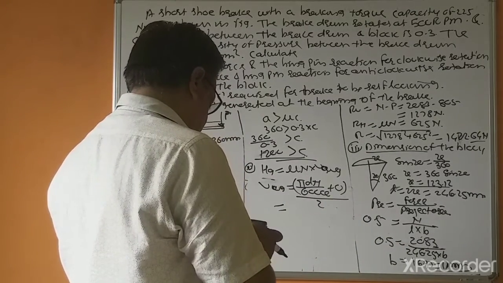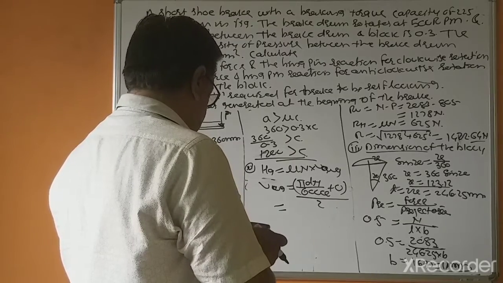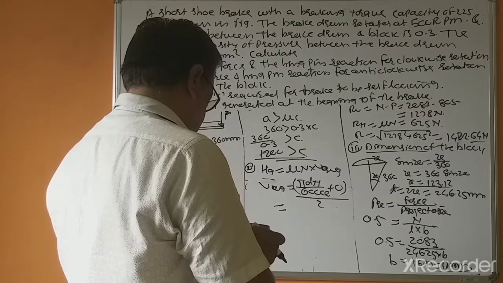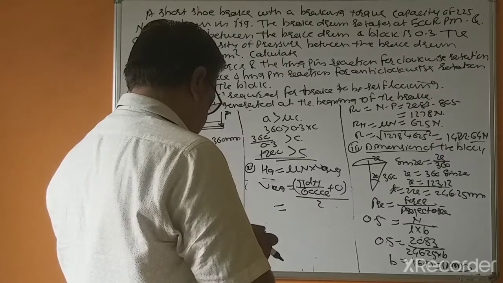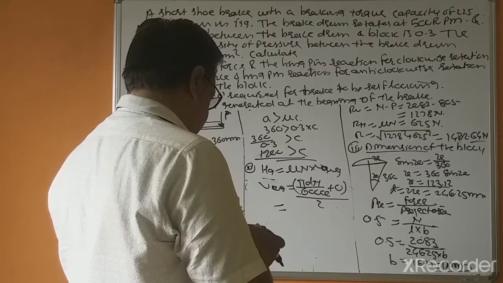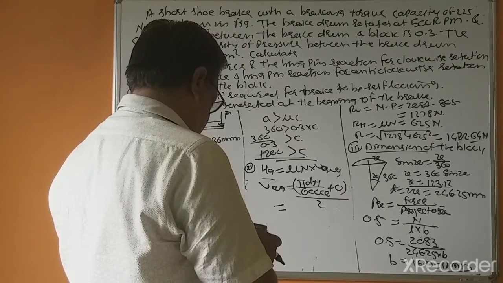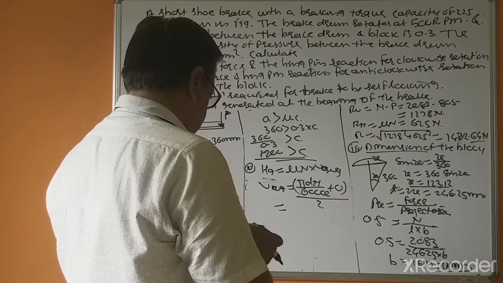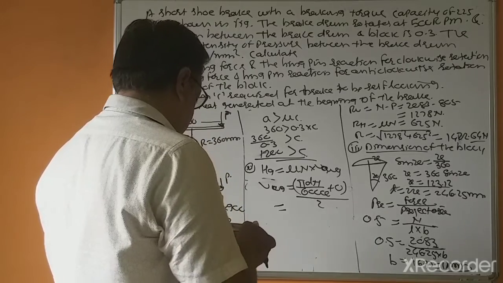Pi multiplied by d equal to pi multiplied by 360 multiplied by 500 divided by 60,000, equal to 9.42 meter per second.